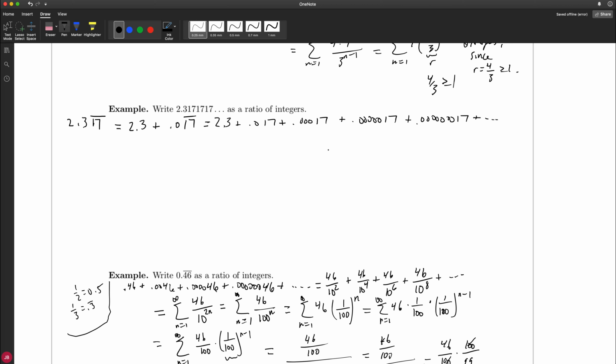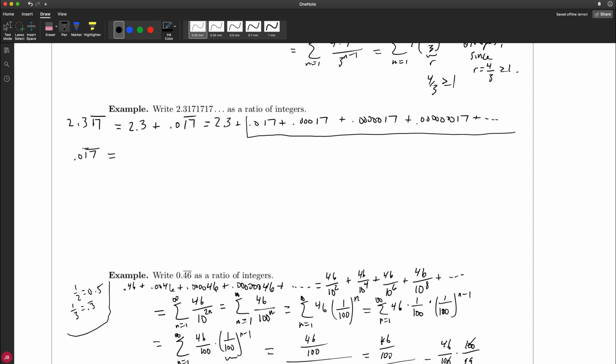All right, so what we're going to do is focus just on the repeating portion, and then we'll come back to the 2.3 at the very, very end. So 0.017 with the 1/7 repeating.